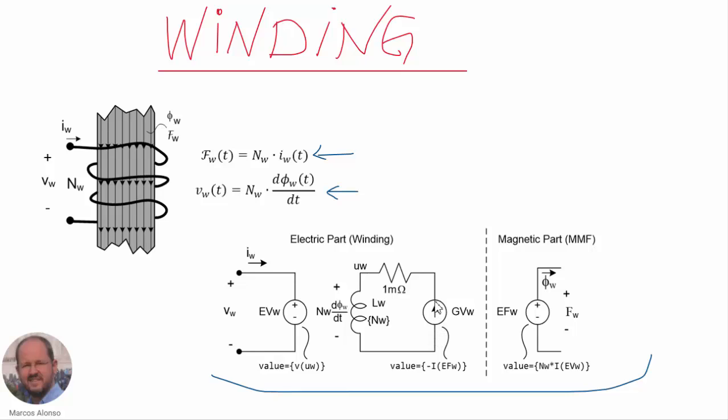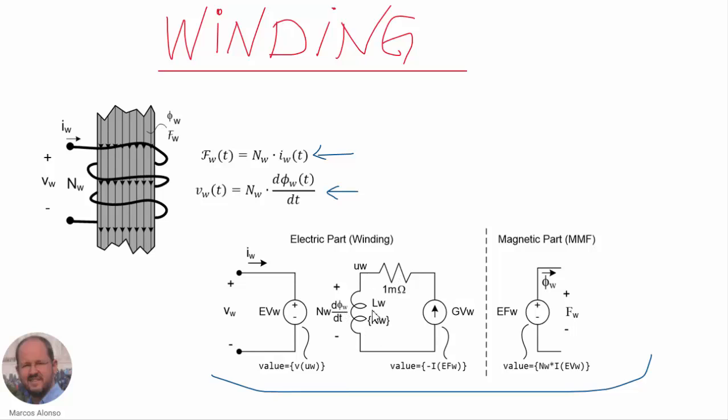This behavioral current source is generating a current which is equivalent to the flux circulating through the magnetic structure. This flux goes through the inductor. This inductor is just a way to implement this characteristic, the number of turns times the derivative in time of the flux.